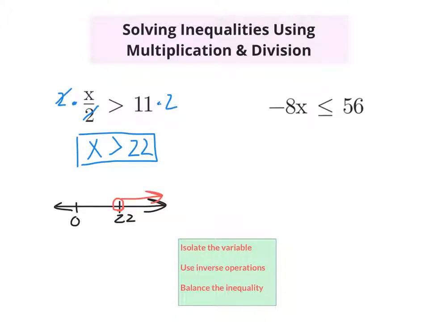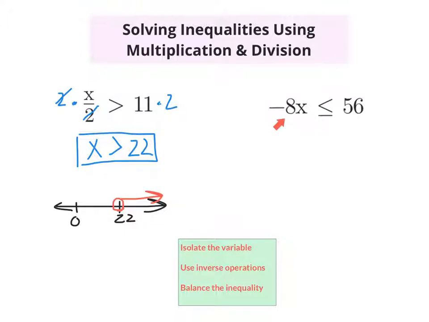Now we're going to look at our second example, and it is negative 8 times x is less than or equal to 56. In this example, I have a negative coefficient, and this is one of the few problems that we need to do something different when we're solving inequalities.